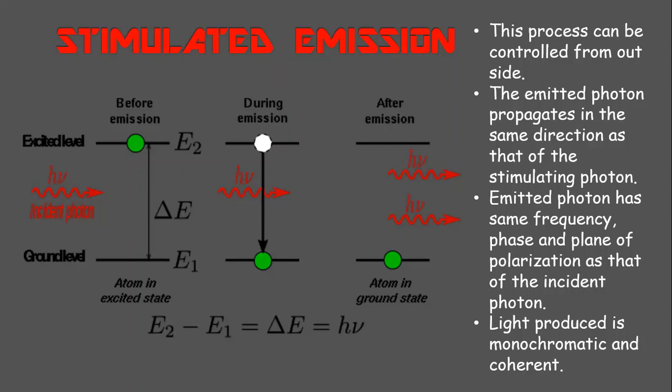This is the only known method to produce coherent light. This process is controlled from the outside. The emitted photon has the same frequency, phase, and plane of polarization. The emitted photon propagates in the same direction as that of stimulating photon, and the light produced is monochromatic and coherent.